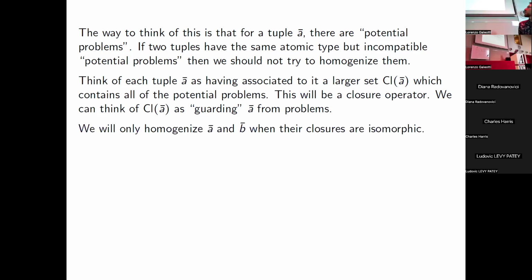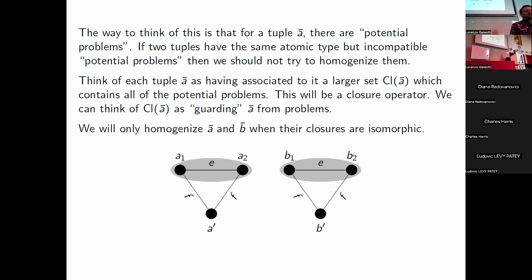And we're only going to homogenize two tuples when their closures look the same as each other. So, when would we homogenize these? Well, this guy is going to be in the closure of these things. So to amalgamate this and this, we're going to have to know that the closure here looks the same. So it's going to look like that. And those, I guess they're already homogenized, right? This tuple that looks like this already exists over here.